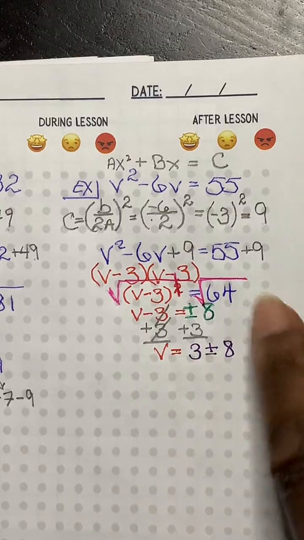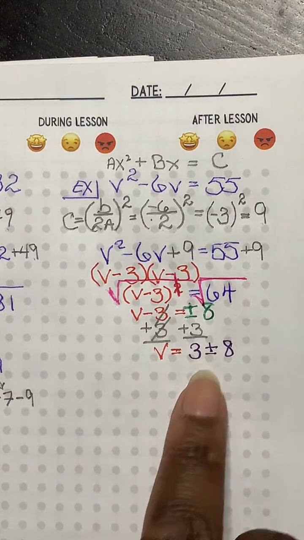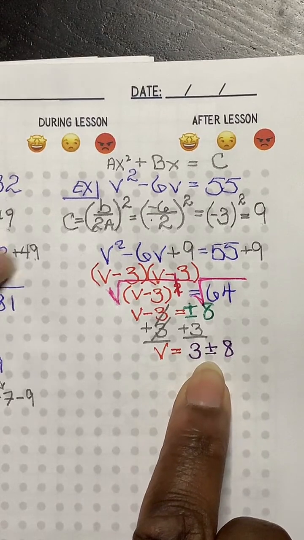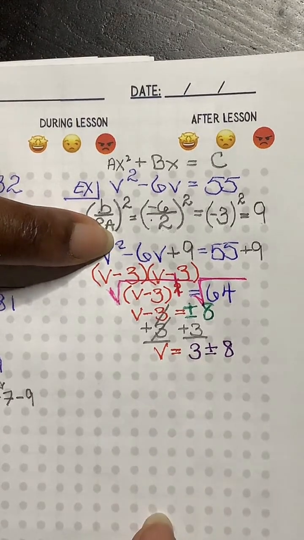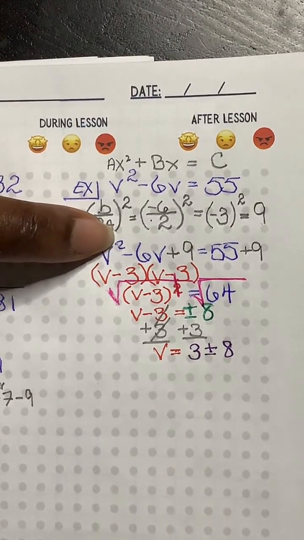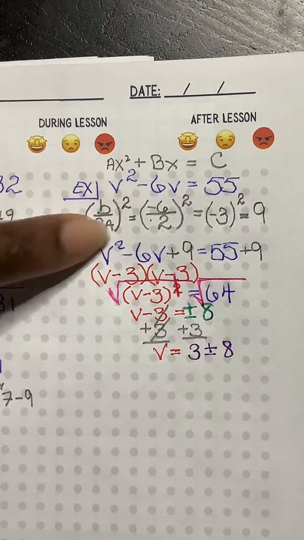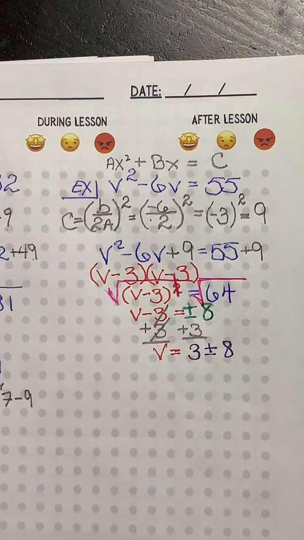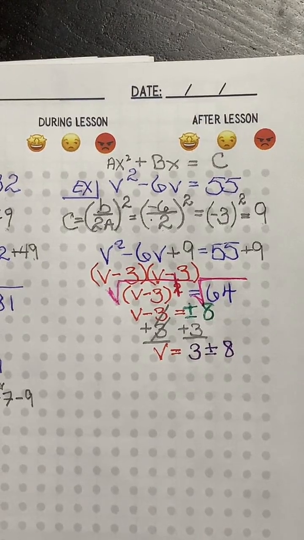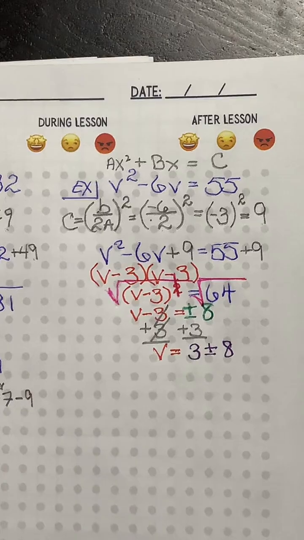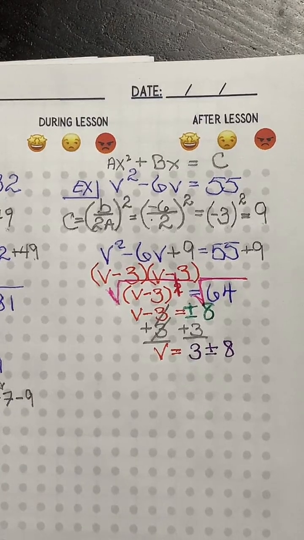Don't just add the 3 to the 8 because we're supposed to get 2 solutions. How do I know? Because my highest degree is to the second power. That's telling me how many possible solutions I should have. Okay, the picture is Spider-Man.